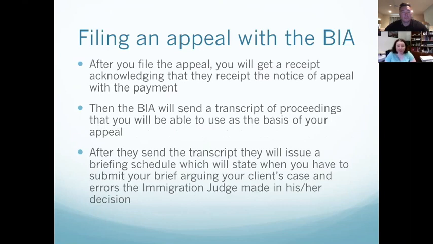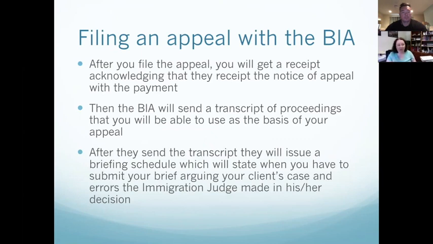After you file the appeal, you'll get a receipt acknowledging that they received the notice of appeal with the payment. And then you wait a little bit, and then the BIA will send a transcript of the proceedings. They're not going to send you a copy of the pre-hearing statement or a copy of the pre-hearing memo. That's not going to be included with what they send you. You have to have your own copy of that.